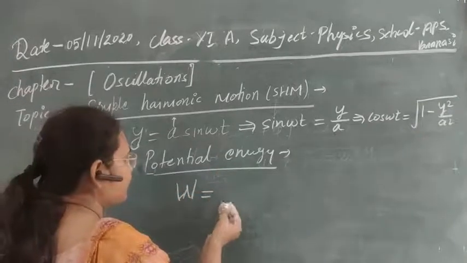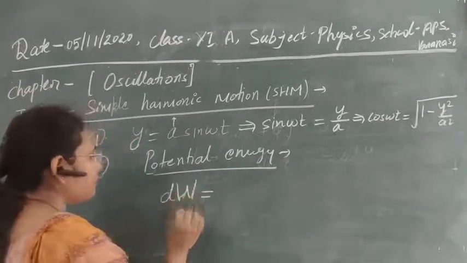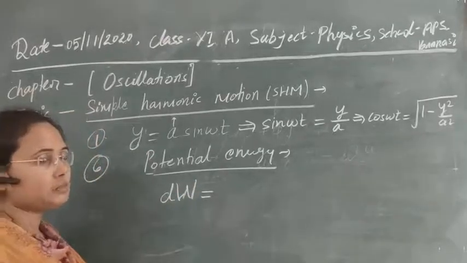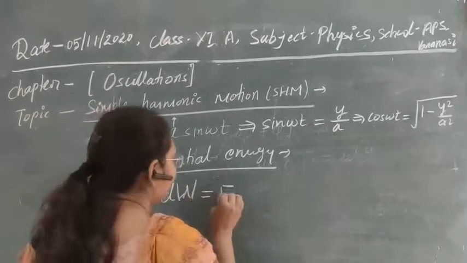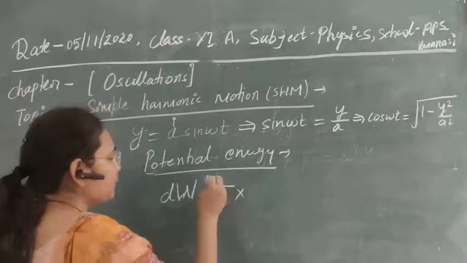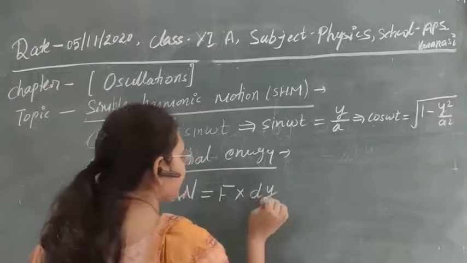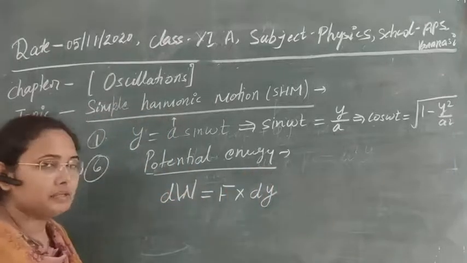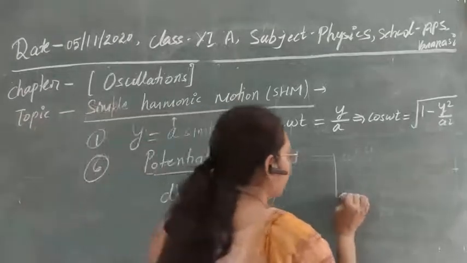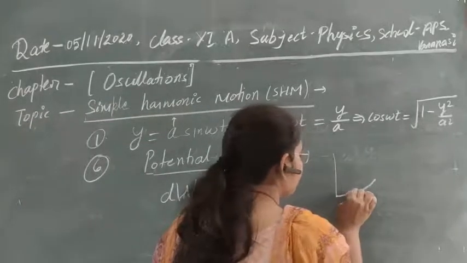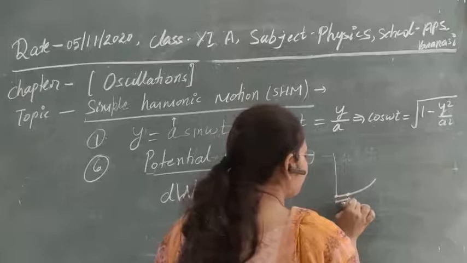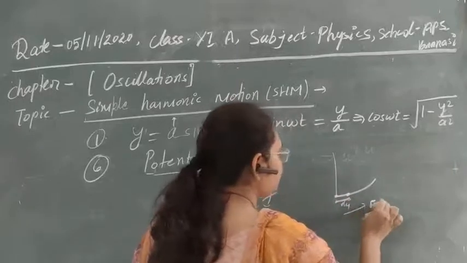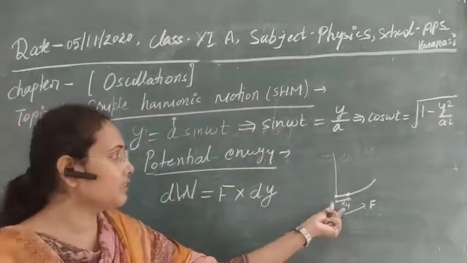Simple, that work will be equal to, suppose that we are displacing it by a small displacement dy. If force F is used to displace it by the displacement dy, then what is the work done during this process?